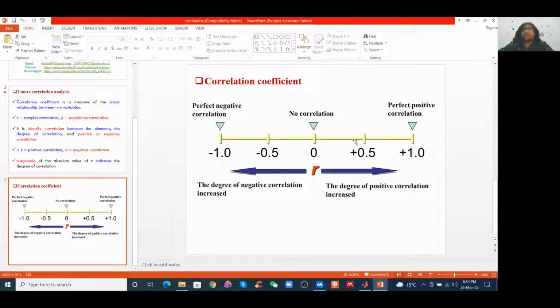If you get a positive value, you have a positive correlation. If you get a negative value, you will get a negative correlation. But it depends on the degree. If you get nearly 1, then you say a strong positive correlation. If you get a value near -1, you say a strong negative correlation.